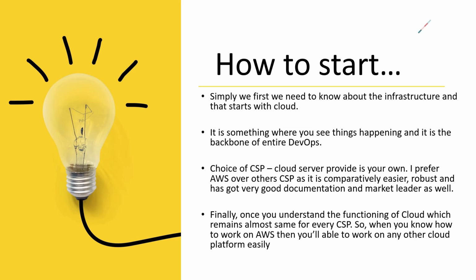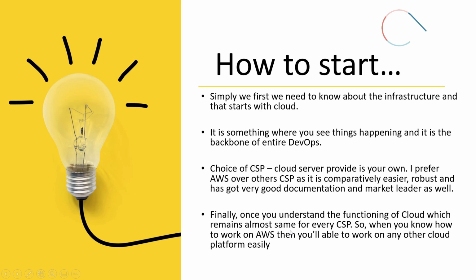In case you are stuck somewhere and you want to know more, you get documentation easily, and they have a very well written document for almost all the activities which you do. And not to mention that AWS is a market leader in terms of share and market presence.